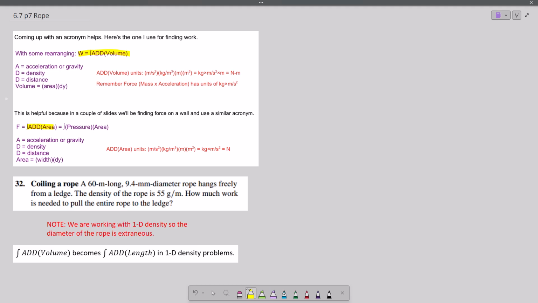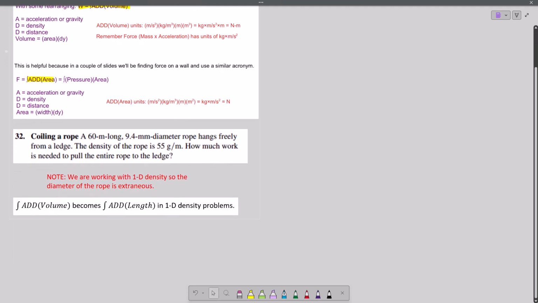Like volume is cubic meters, area is square meters, so we've gotten rid of one dimension of length. And isn't work force times distance? So if we take one more unit of length and multiply it by the force, we would get up to work. Okay, so we can think of it that way once we get to it.